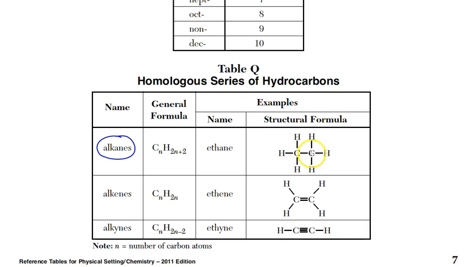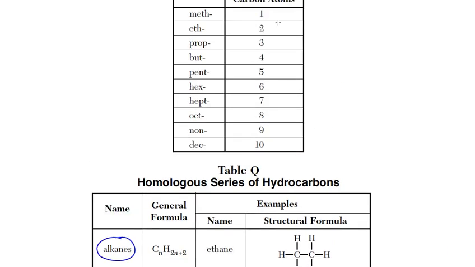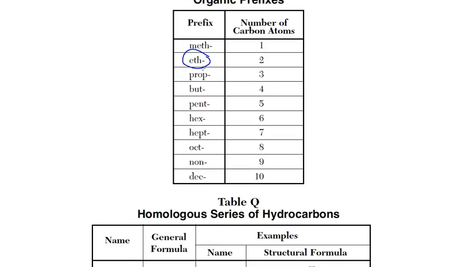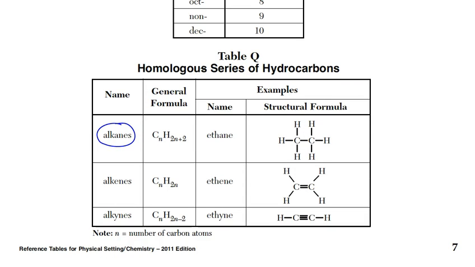We have an ethane, eth for two carbons, which we get from the table above. There's my eth for two carbons. And then we have single bonds between the carbons, as we can see right here. That's why it's ethane. And anything that ends in -ane, anything that's an alkane, is saturated. This is important.